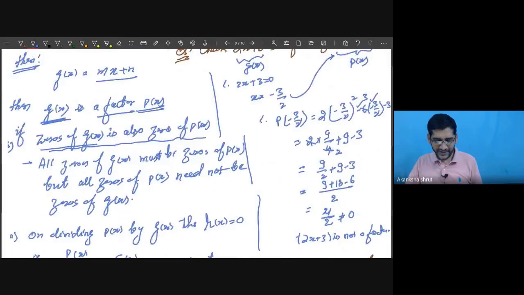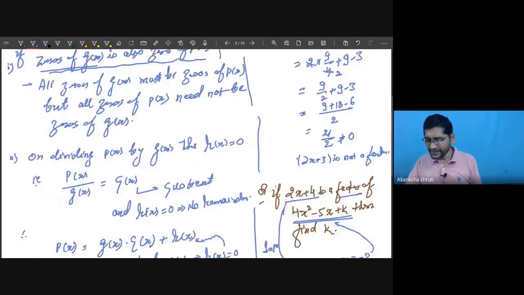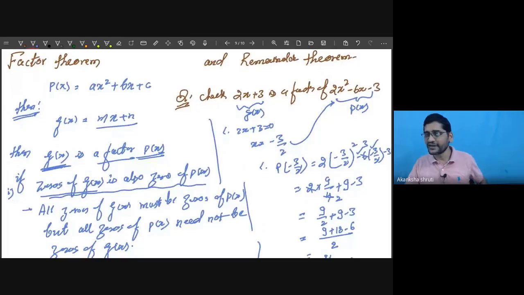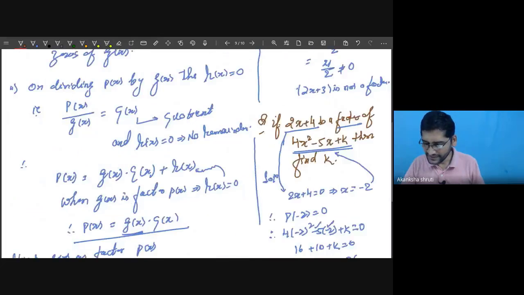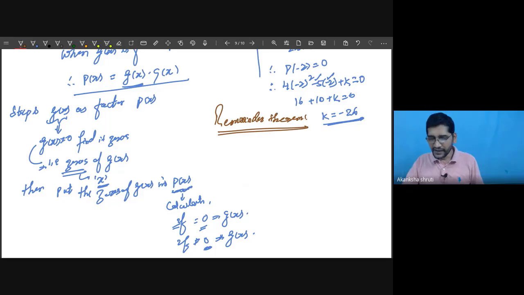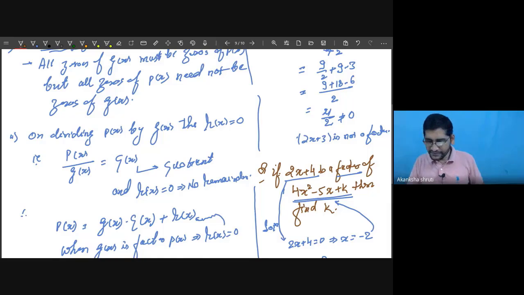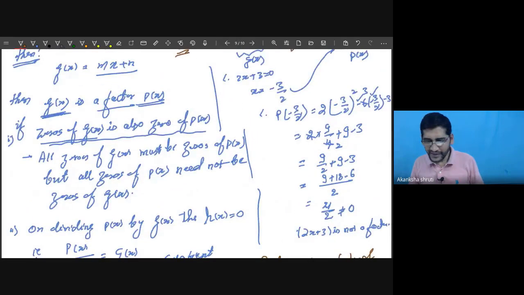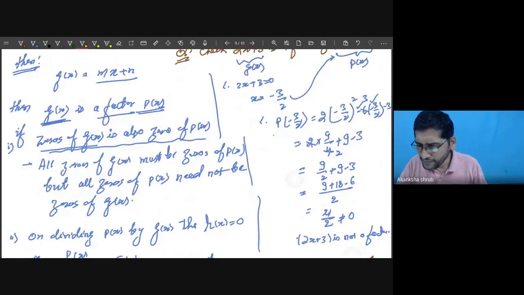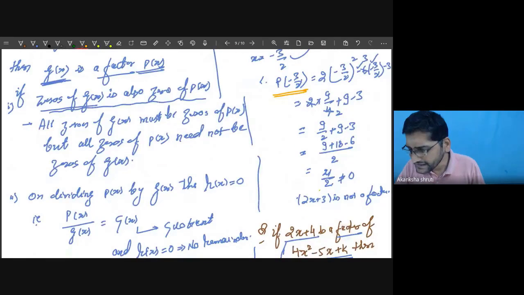So this was all about the factor theorem, how the factor theorem is used. Even if we go for division of polynomials, we can get the remainder as 0. That is the other way that we have done in our regular class. Now another one is our remainder theorem. So what is this remainder theorem? A student, understanding the factor theorem, here in the first example we observed that p of minus 3 by 2 was not coming as 0.